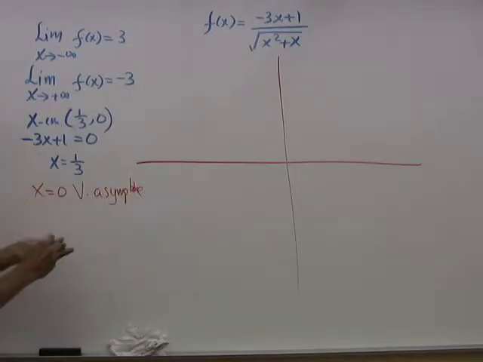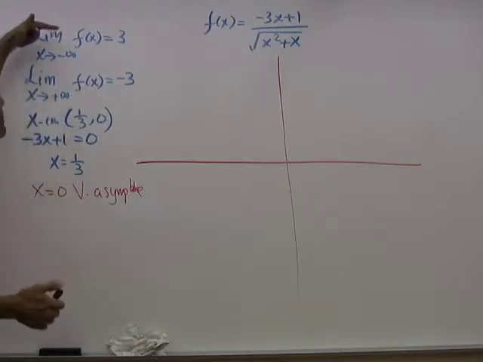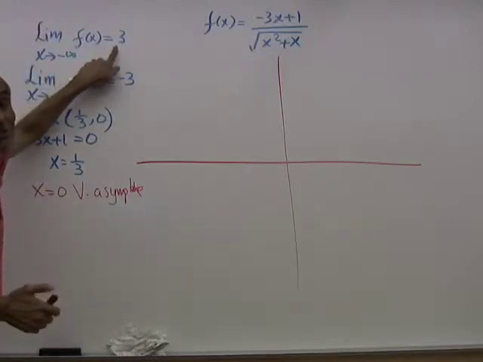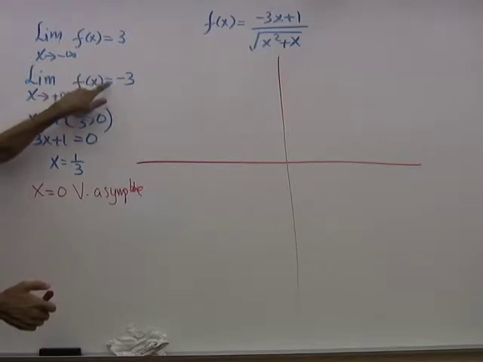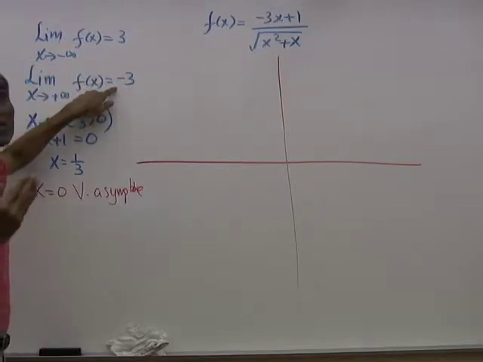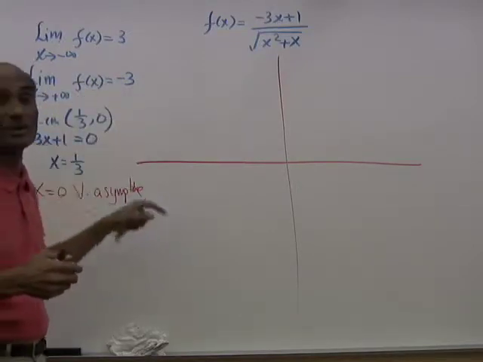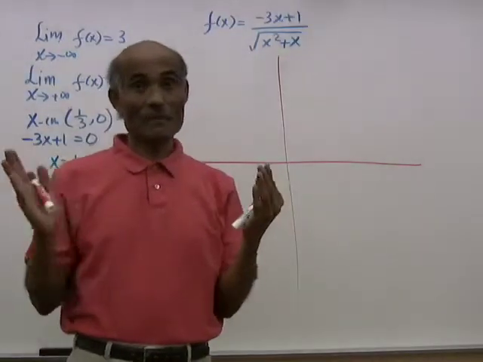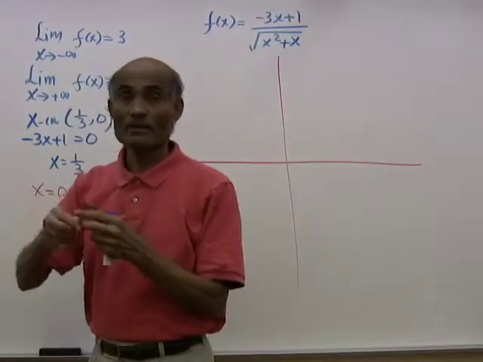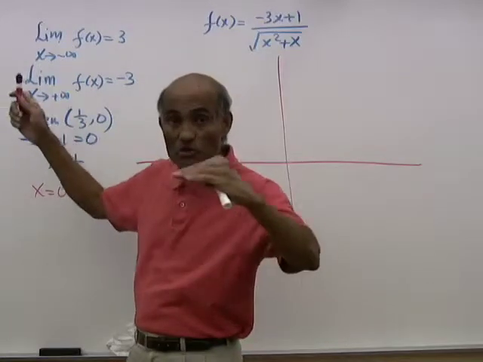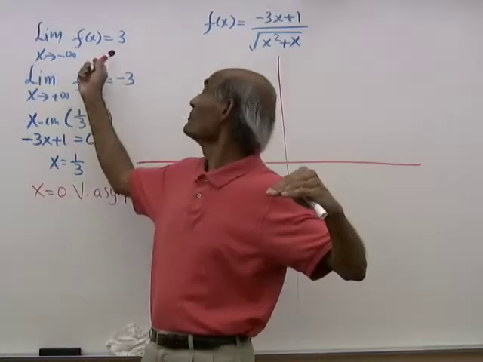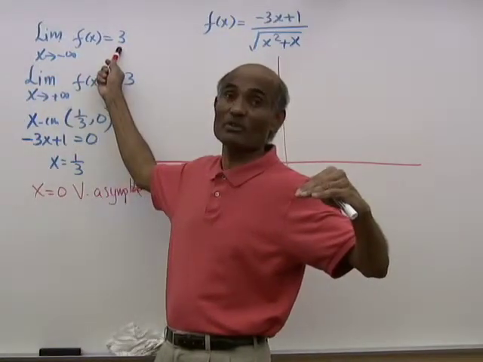Now look at the information you have. You have y equal to 3 is a horizontal asymptote. Y equal to negative 3 is another horizontal asymptote. But you must understand the distinction there. When x approaches negative infinity, the function approaches y equal to 3.